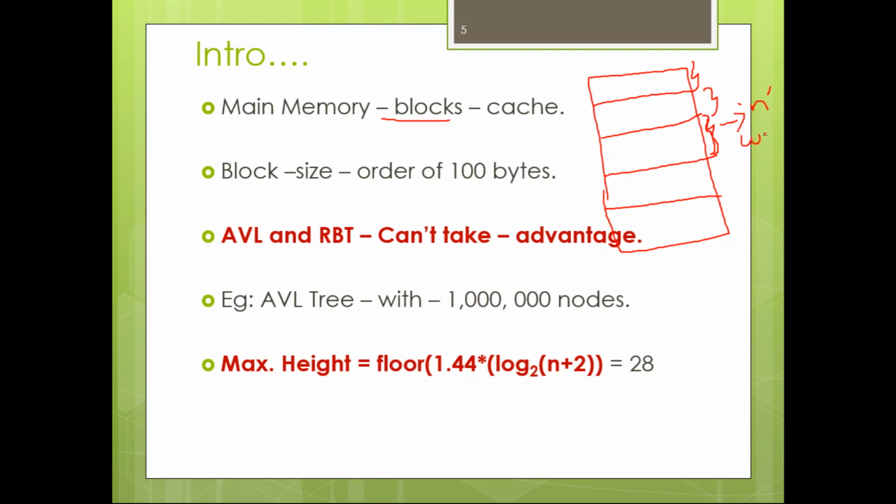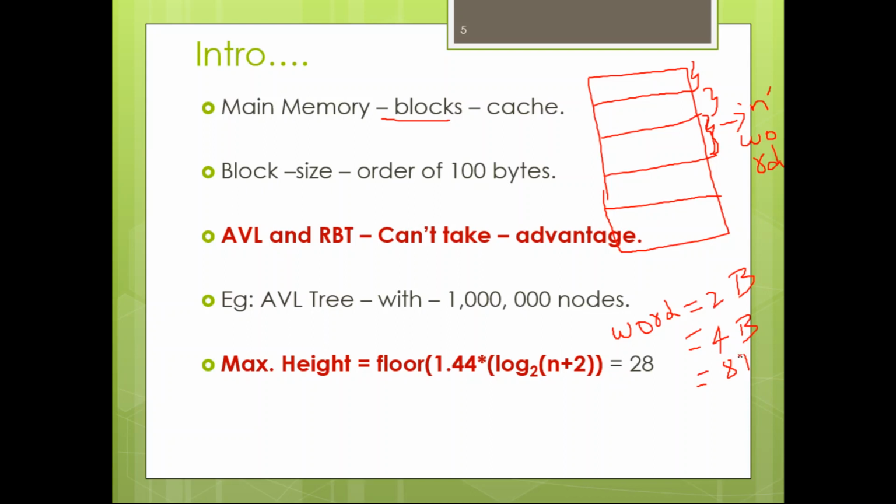Again, what is a word? The word size also varies from computer to computer. In some computers, the word size may be 16 bits, that is 2 bytes. In some other computers, it may be 32 bits, that is 4 bytes. In some others, it may be 64 bits, that is 8 bytes.